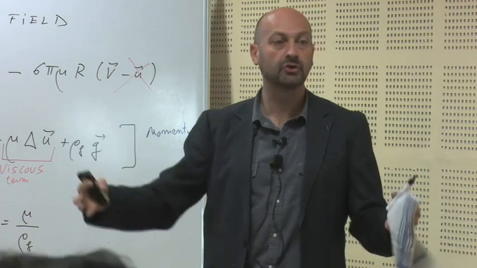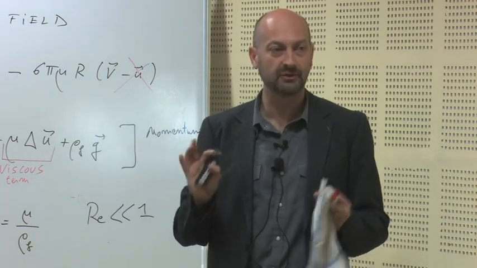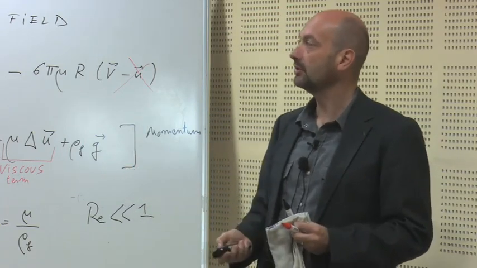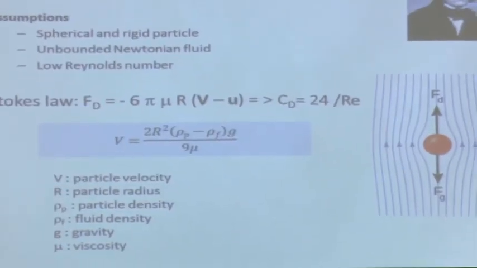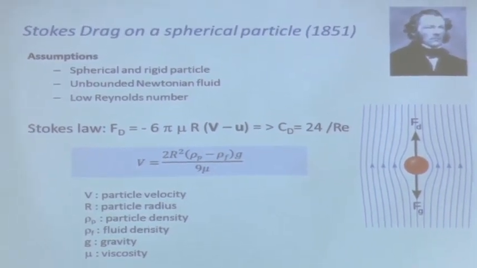The fluid has to be Newtonian, and there's no effect of the wall. So it's actually not very easy to make a very nice experiment to compare with, but you can. If you do experiments, at some point you will see that the flow around your particle changes when you increase the size, for example, or if you decrease it.